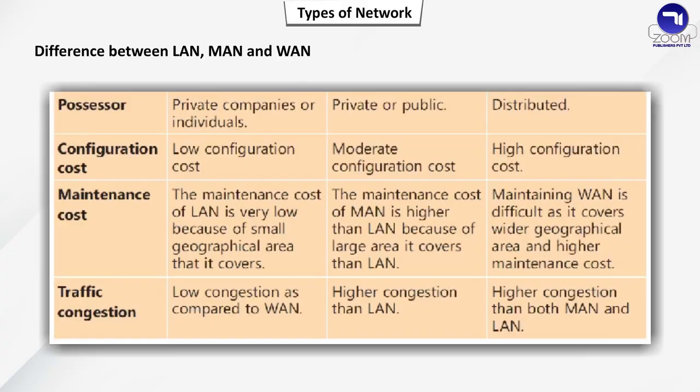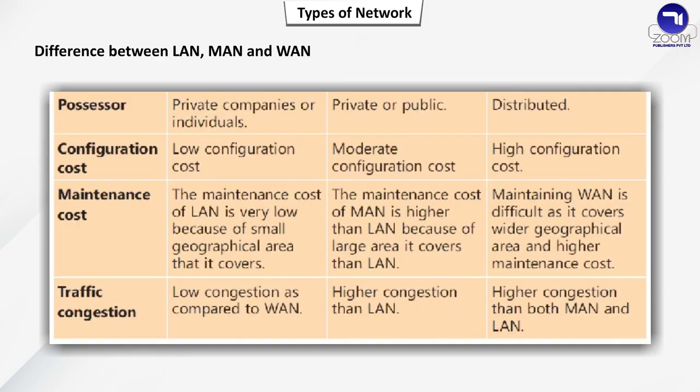Possessor: LAN, private companies or individuals; MAN, private or public; WAN, distributed. Configuration cost: low configuration cost, moderate configuration cost, high configuration cost. Maintenance cost: the maintenance cost of LAN is very low because of the small geographical area that it covers.